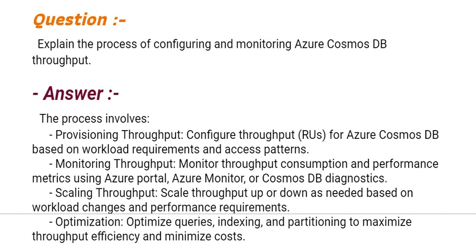The third one is scaling throughput. Scale throughput up or down as needed based on workload changes and performance requirements. And the fourth one is optimization. Optimize queries, indexing, and partitioning to maximize throughput efficiency and minimize costs.